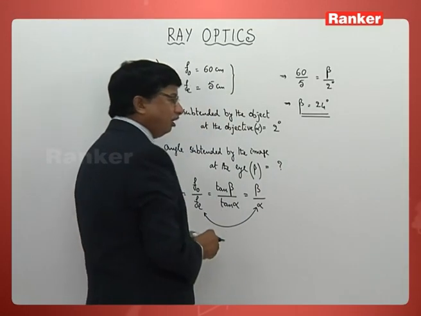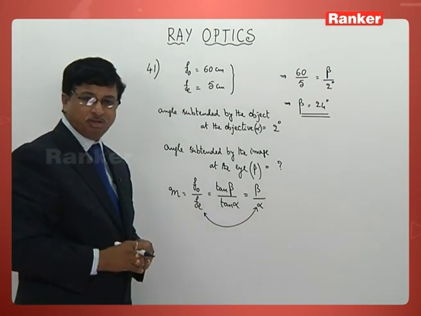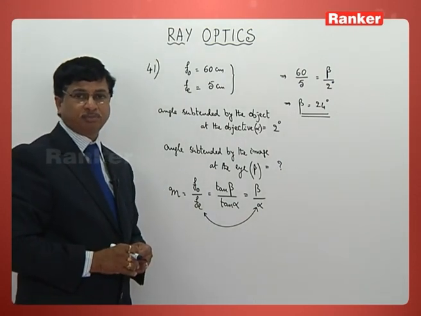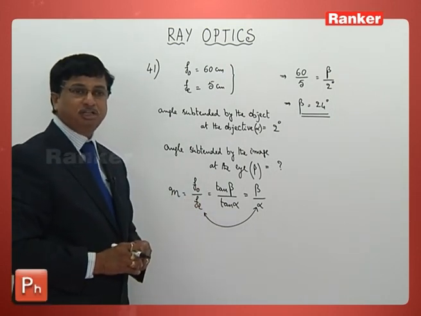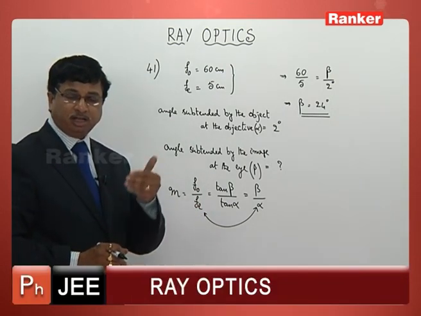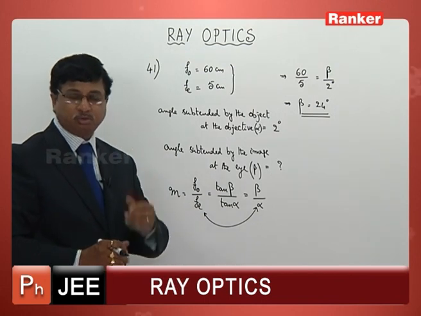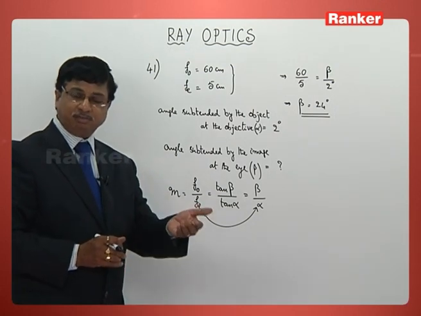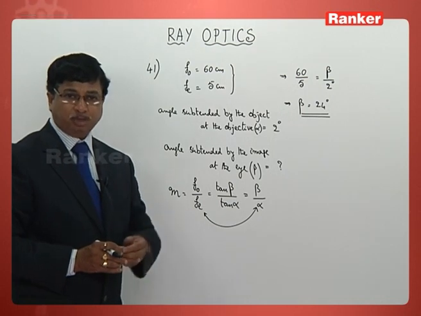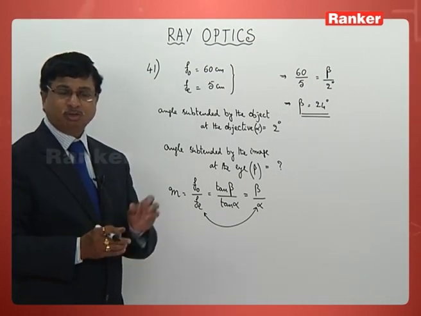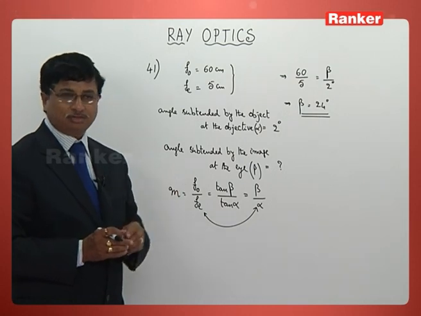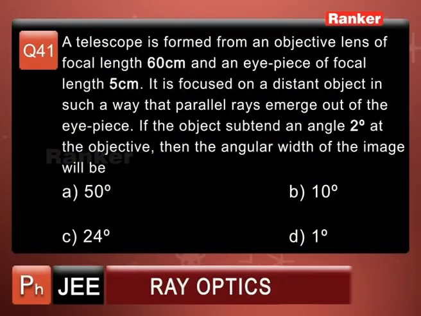So what is the angular width of the image? That is the question asked. In other words, what is the angle subtended by the image at the eye or at the eyepiece, because our eye is very close to the eyepiece. Whether you calculate the value at the eye or at the eyepiece, they are nearly one and the same. We take them as equal. That is the concept. So we can write 24 degrees.